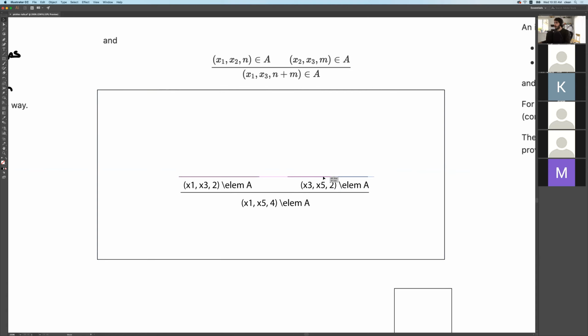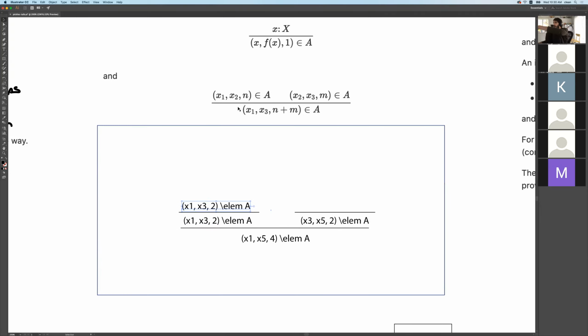Let's start with this one. We want to prove that you can get from x1 to x3 in 2 steps. For that, it would suffice to prove, via another application of this rule, that first of all, you can get from x1 to x2 in 1 step, and second of all, you can get from x2 to x3 in 1 step.